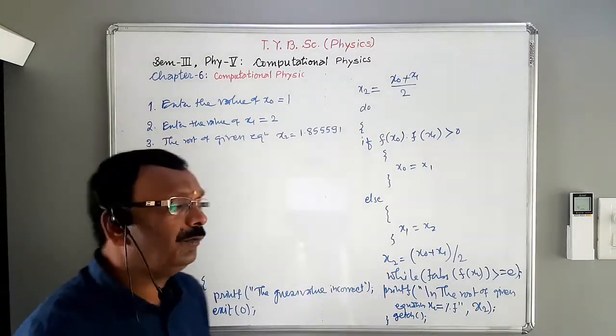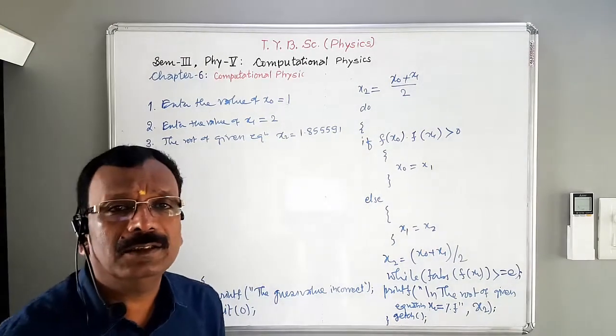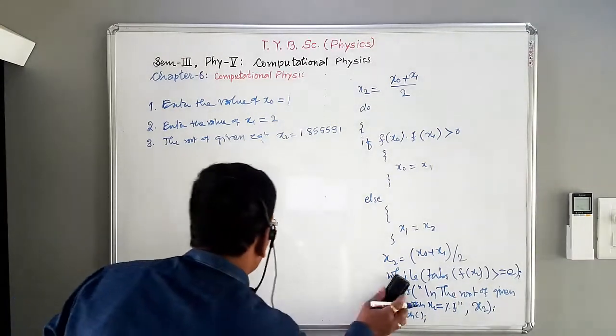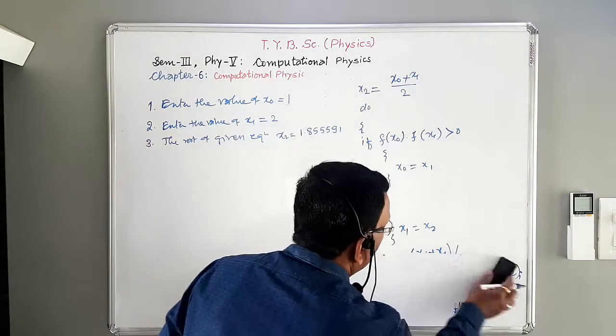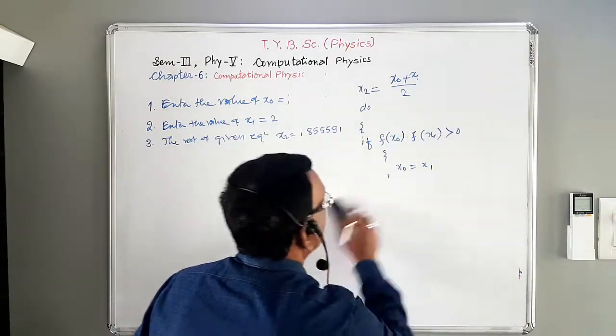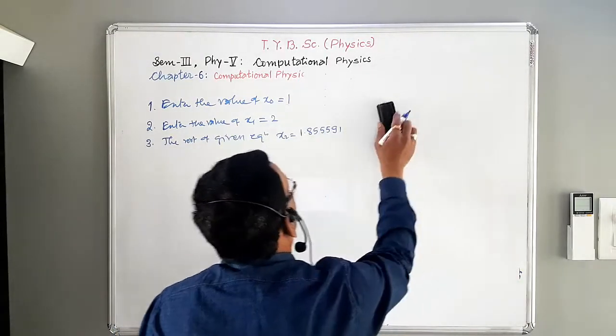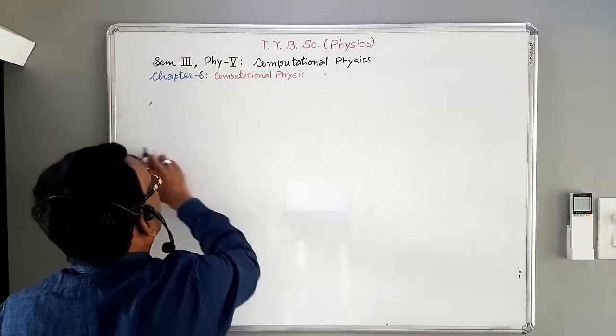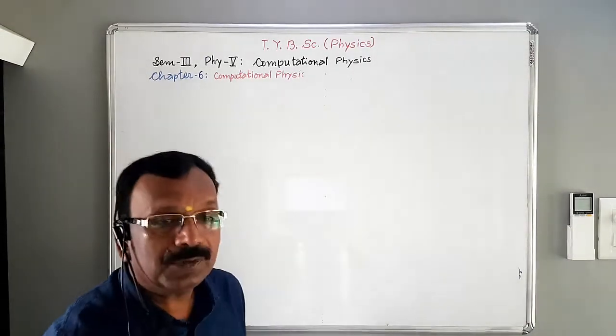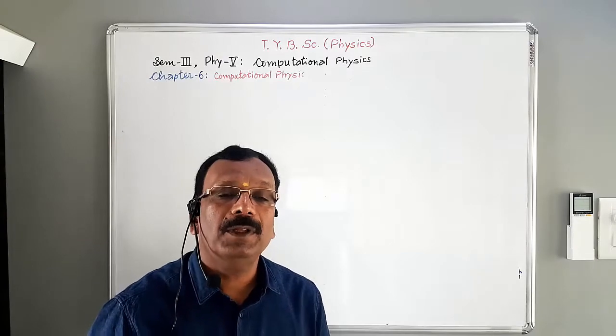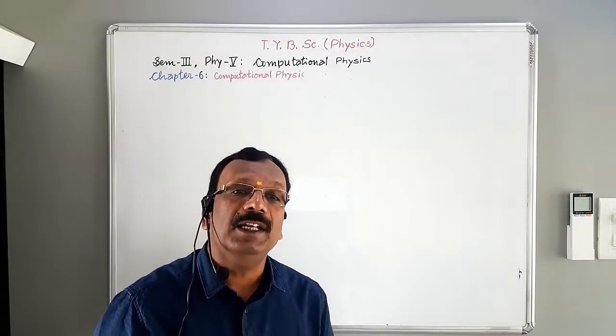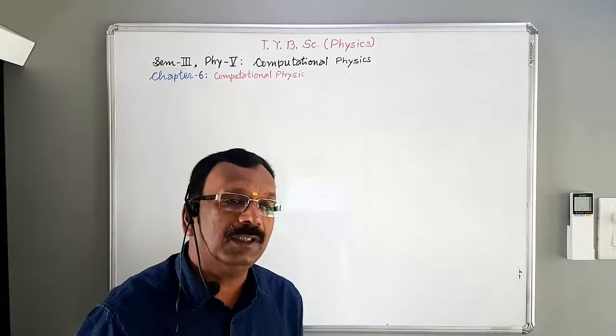Now we are going to see the second method. We know that the bisection method is an interpolation method, and now we are going to see another type of iterative method, that is the open-ended method or extrapolation method.